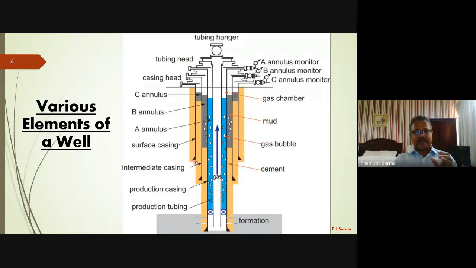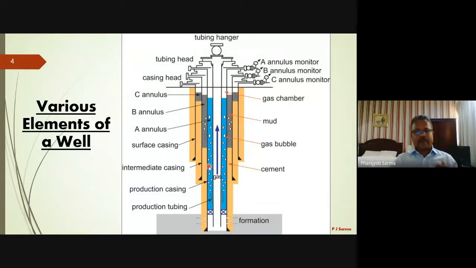That is the first section. You can see this is a surface casing. Then the second section is drilled through, the intermediate casing is landed and cemented, and finally, the production hole is made and the production casing is lowered with cementation.